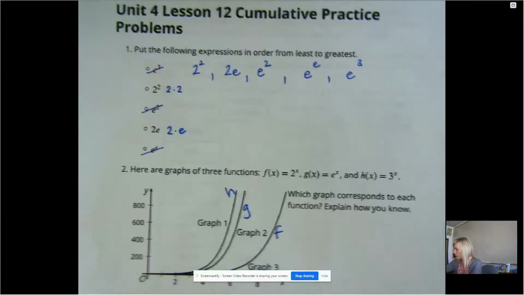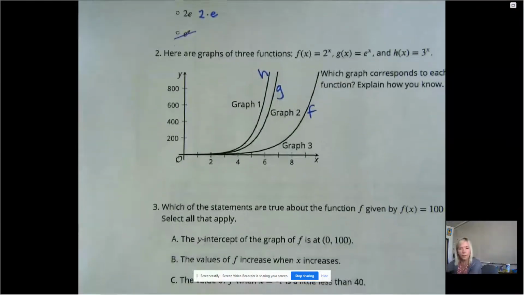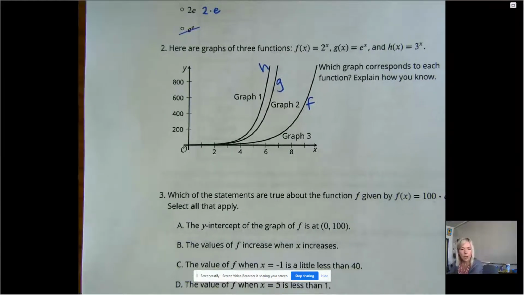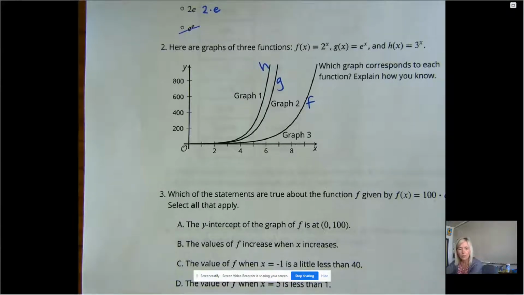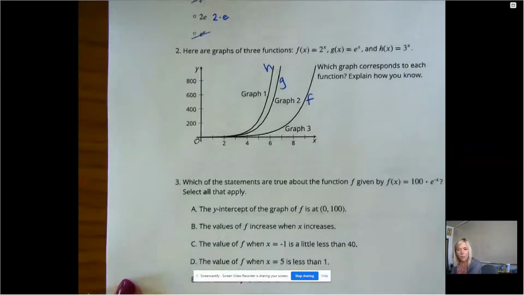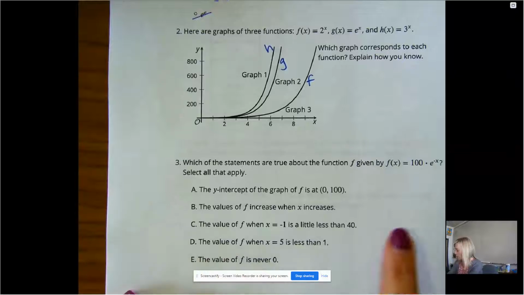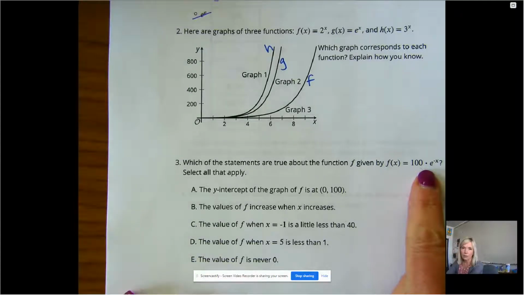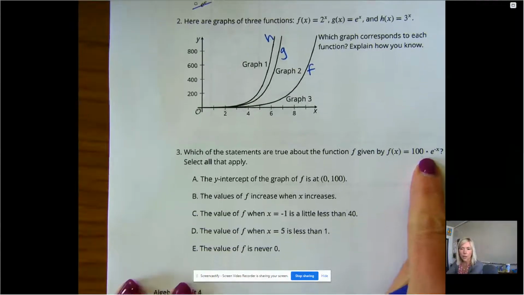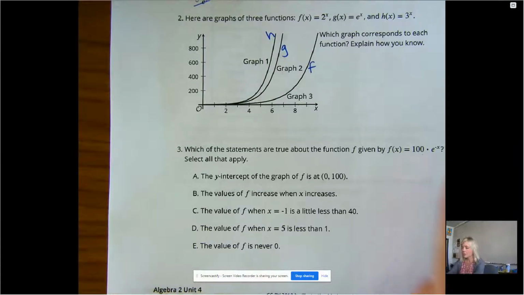On number 3, it says to select all the statements that are true about this function, f of x equals 100 times e to the negative x. And so I chose to graph this in Desmos to be able to kind of use the graph to determine which statements are true.